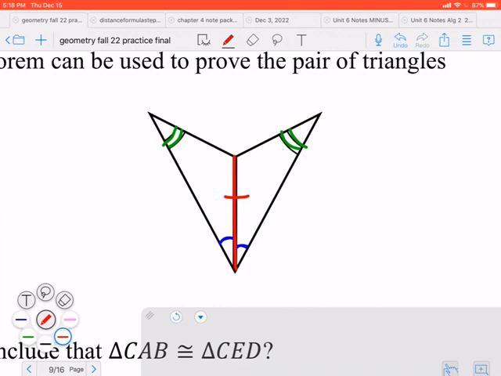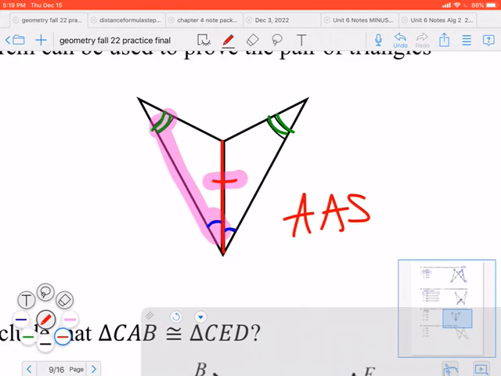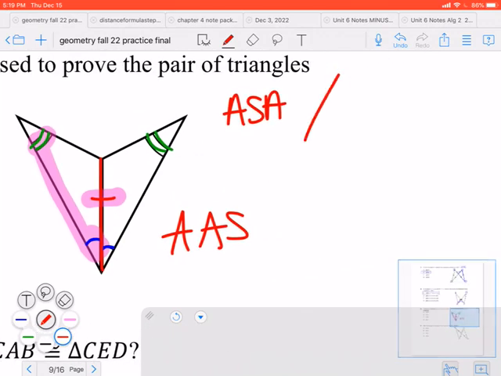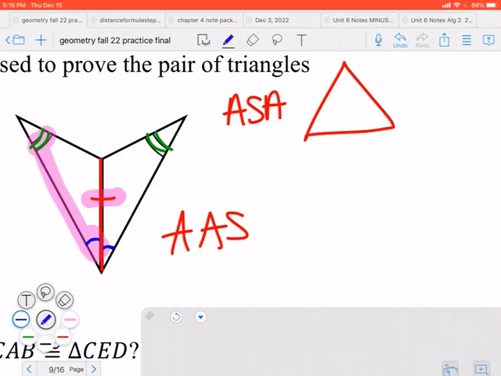So that would mean we have a side congruent. And now I've got to decide, is this angle, side, angle? I'm going to look at the order on the triangles. It goes angle, and then angle, and then side. Angle, angle, side. It's not angle, side, angle, because angle, side, angle is when the two angles are on either side of whatever side.